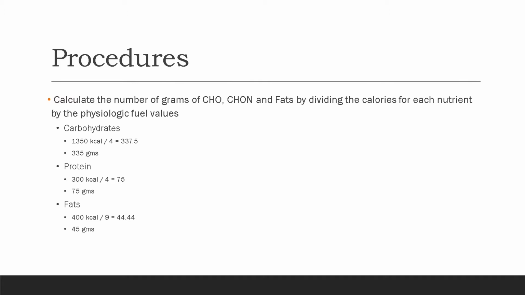For protein, you want to take 300 kilocalories and divide it by 4, you'll end up getting 75 grams, which doesn't need any rounding. It's already a multiple of 5. For fats, you want to take 400 kilocalories and divide it by 9, you'll end up getting 44.44. Round this to the nearest 5 and you'll get 45 grams.